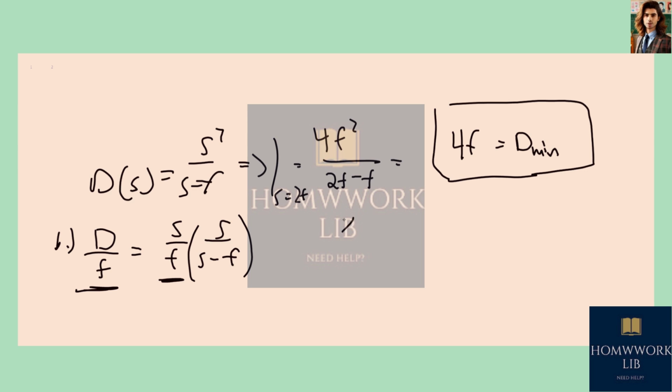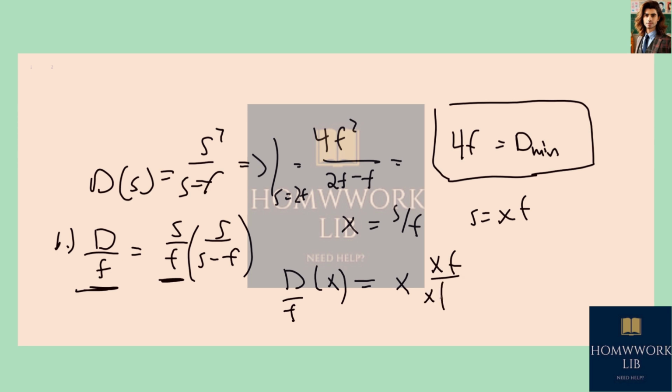If I say x equals s over f, and s equals xf, then d over f of x is x times xf over xf minus f. Actually, let's do this. These f's will cancel out. This is x minus 1, because f times f cancels. So we're left with x squared over x minus 1 as the plot we want to plot here.